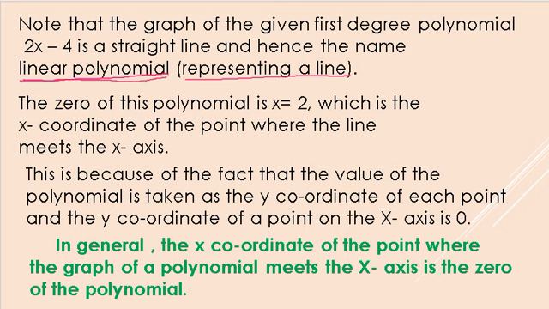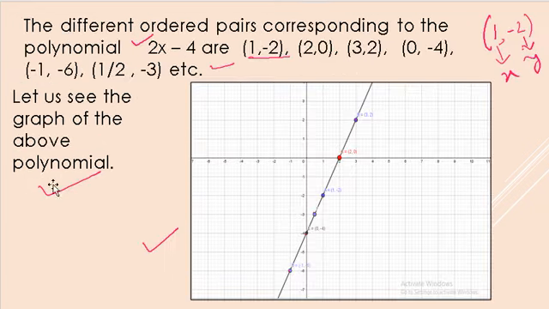The zero of this polynomial is x equal to 2, which is the x coordinate of the point where the line meets the x-axis. Again, you see this slide. Here is the 2.